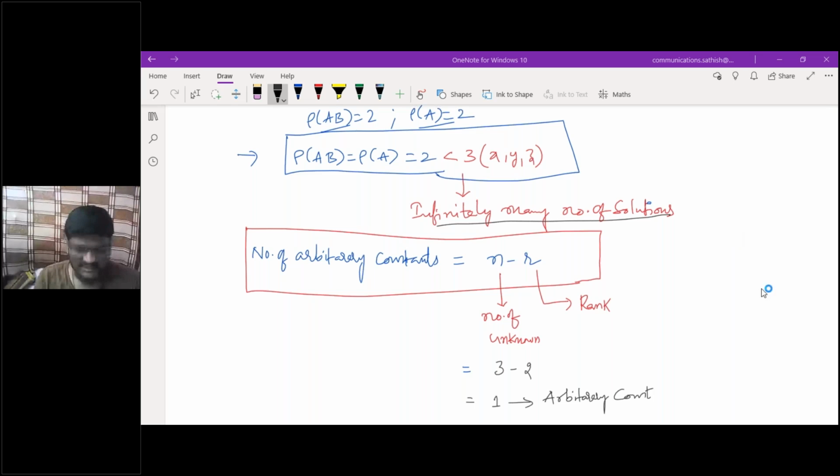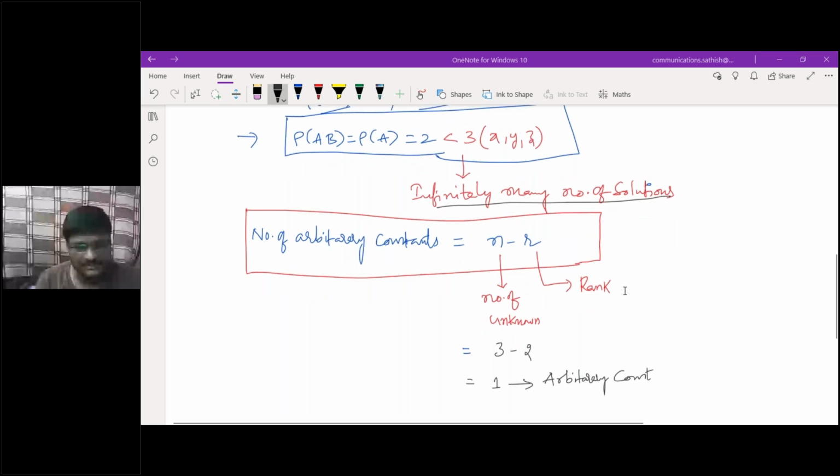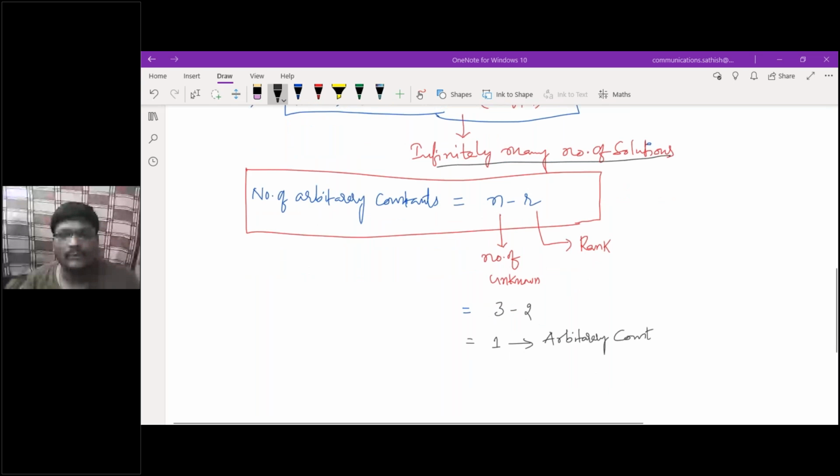Yes, sir. So let me take the arbitrary constant, let z is equal to k. This is one arbitrary constant. If more than one arbitrary constant is needed, for two variables you take k1, k2. Here only one arbitrary constant is required, so I'm taking one arbitrary constant.